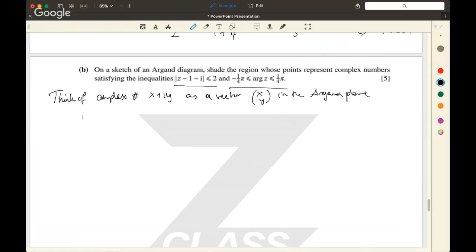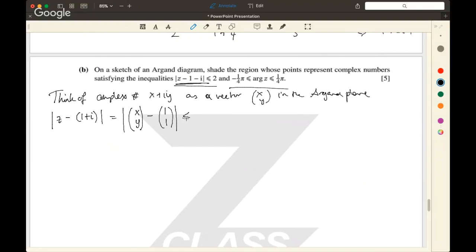So look at this first one. The modulus of z minus 1 plus i, well, I can just think of that as the modulus of the vector xy, which is what I'm going to call z, minus the vector 1, 1. And what does this look like to you?